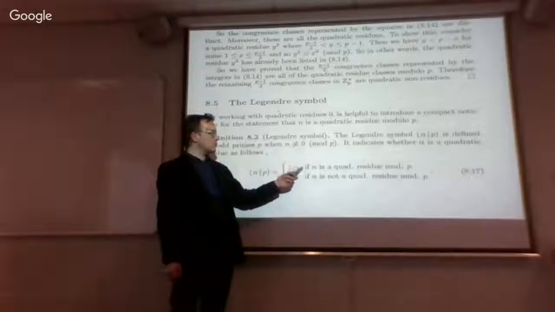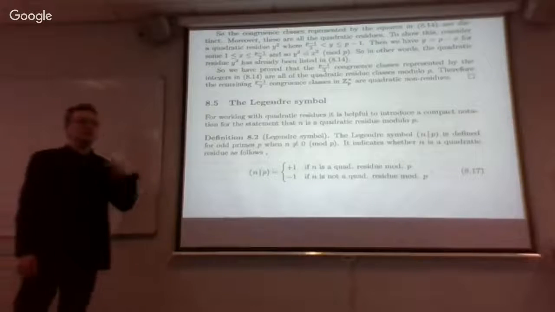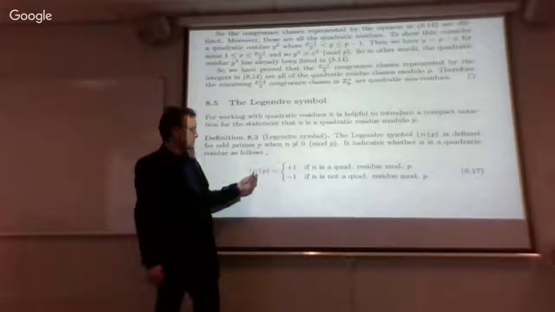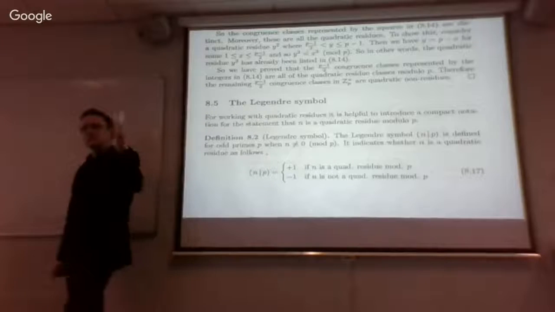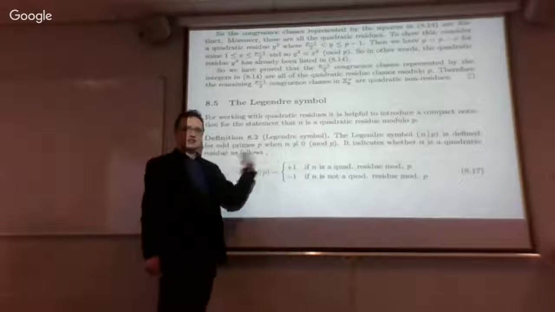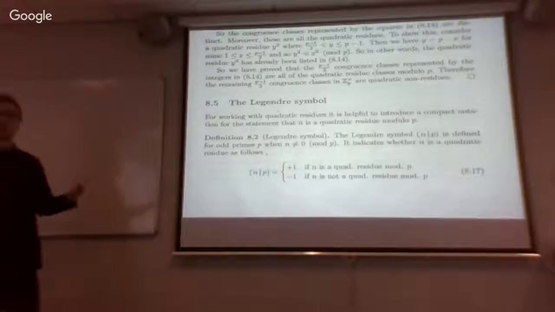And we write it as +1 to mean that n is a quadratic residue modulo p, -1 to mean it's not. So if it's +1, it means n has a square root. There's something else which squares to n. If it's -1, it's in the other half of the elements, those that don't have a square root, which aren't the square of anything.